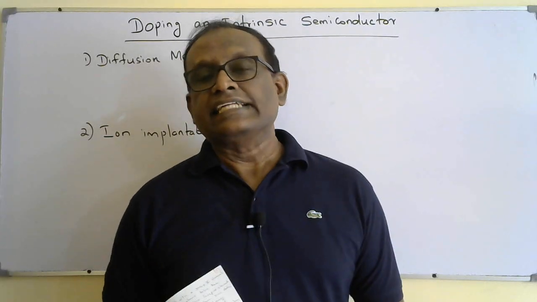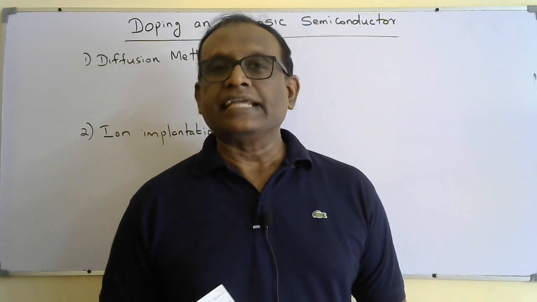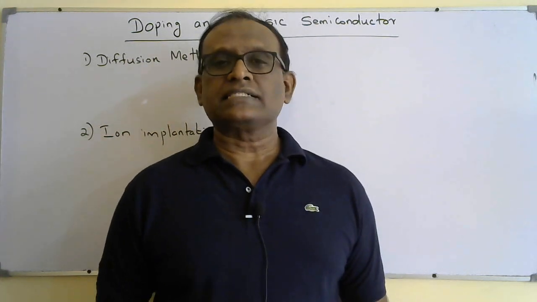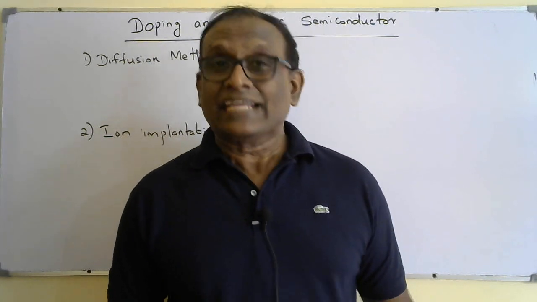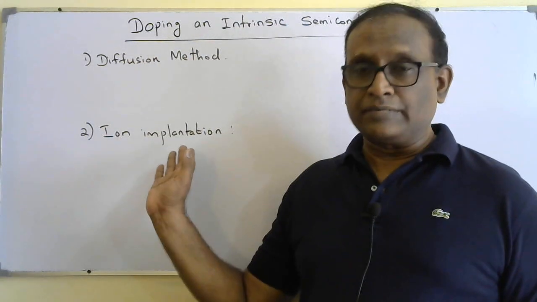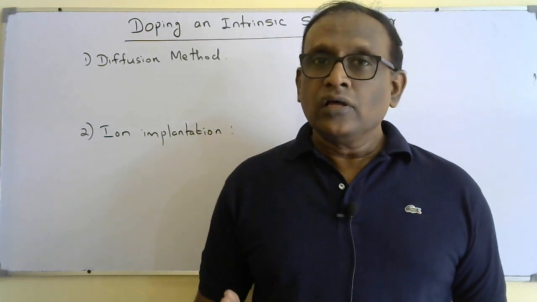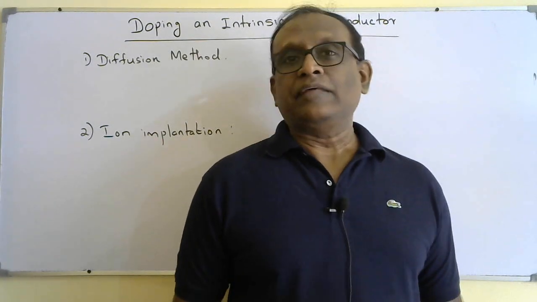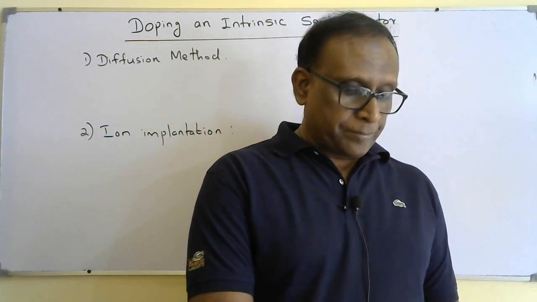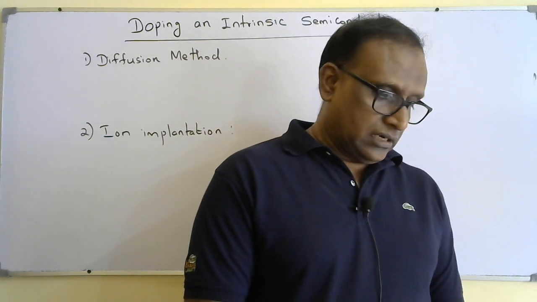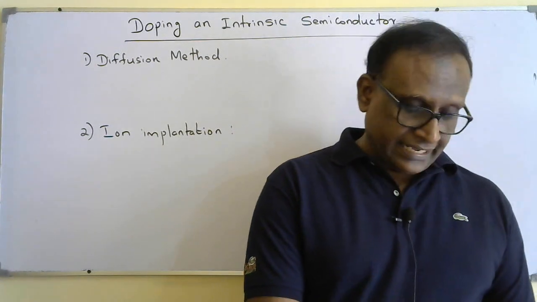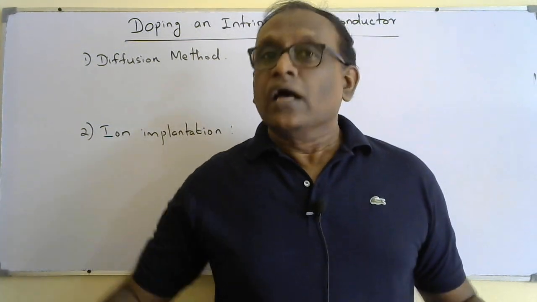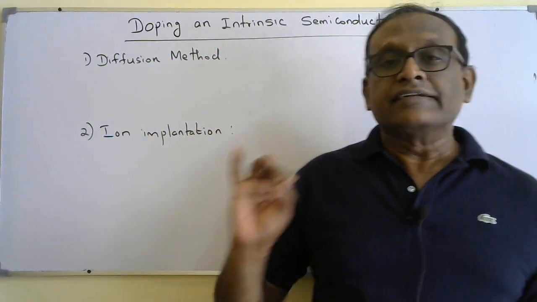Okay, so doping means intentionally introducing group 3 elements such as aluminium, boron, indium or gallium to the intrinsic semiconductor, or introducing group 5 elements such as phosphorus, arsenic, antimony to this intrinsic semiconductor.